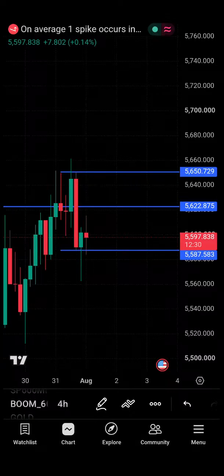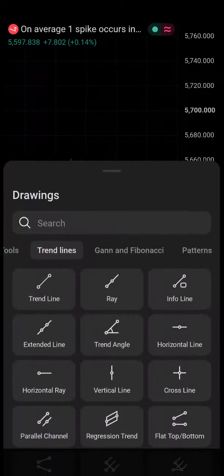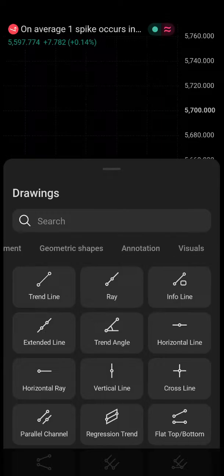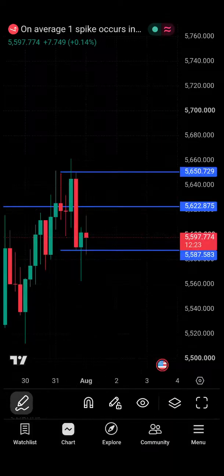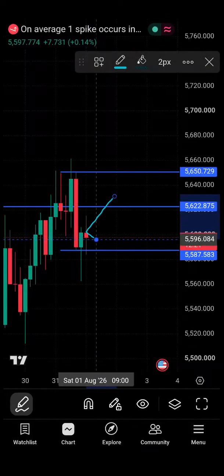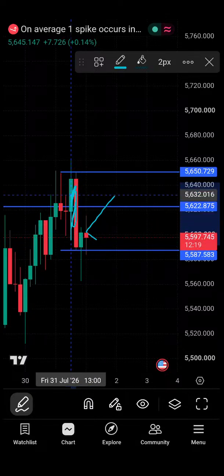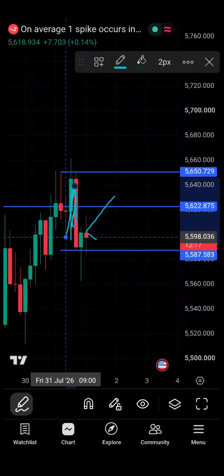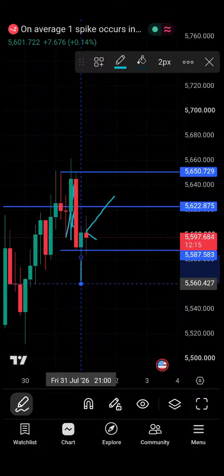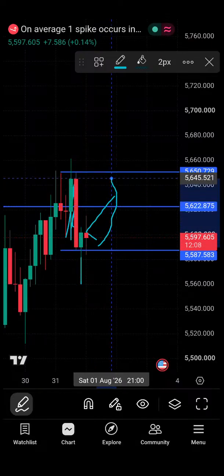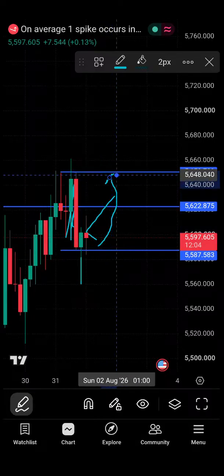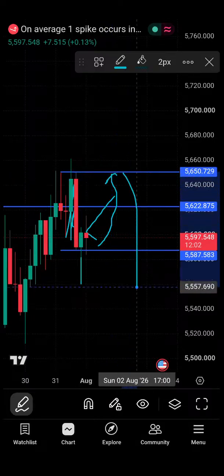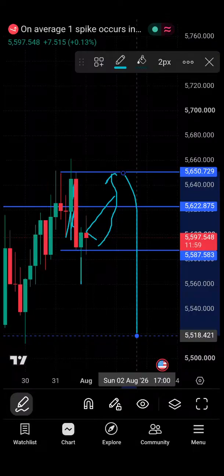whenever the market closes within the range of this previous candlestick, when it takes out the low or the high and closes within the range, it means that the market will push towards the upside before maybe going towards the other direction.